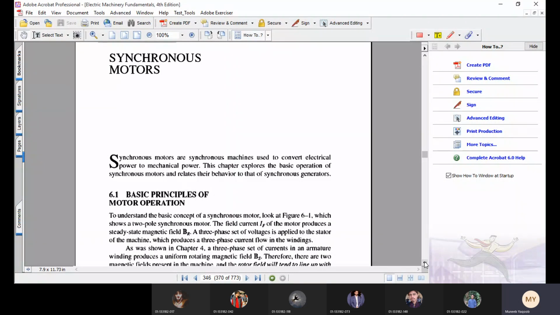Actually, a long time ago, when parasitic capacitors were not there, these machines, that is synchronous motors, were used to provide power factor correction in their locked rotor condition, where they are being used with a leading power factor to provide power factor correction for electrical power systems.